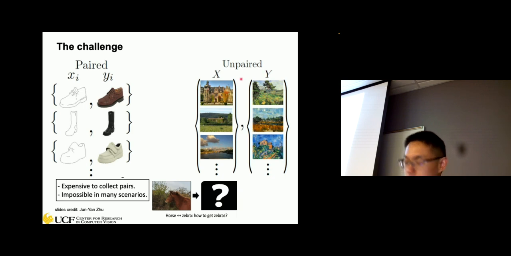So you basically have unpaired images. You have the photos, and you may collect Monet's paintings or maybe other artistic paintings, but not necessarily corresponding to the same scene. These are unpaired images. So in this case, how can we train this model to do image translation?